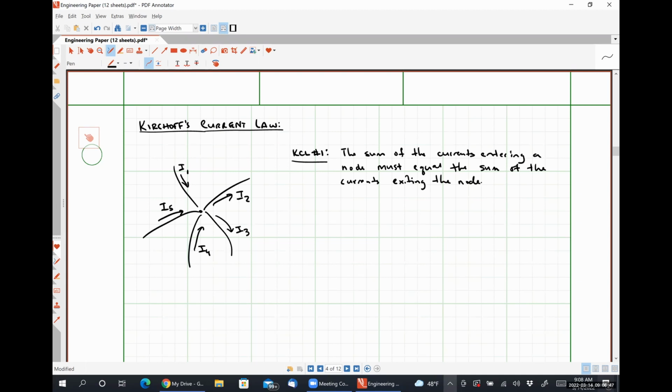So in this case, we can see that the current I1 is entering, the current I2 is exiting, the current I3 is exiting, the current I4 is entering, and the current I5 is entering. So we would have I1 plus I4 plus I5 is equal to I2 plus I3. We all relatively okay with that?